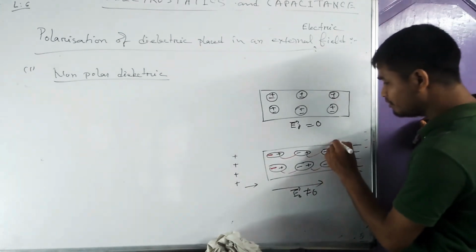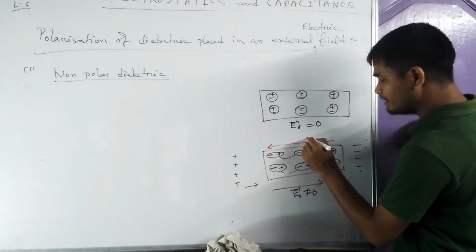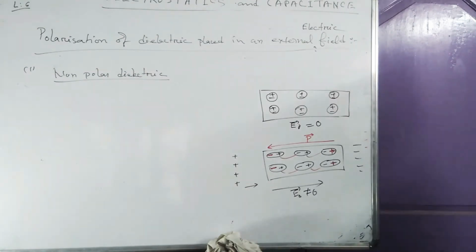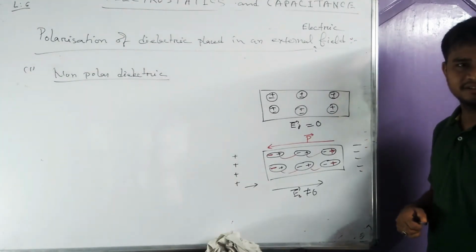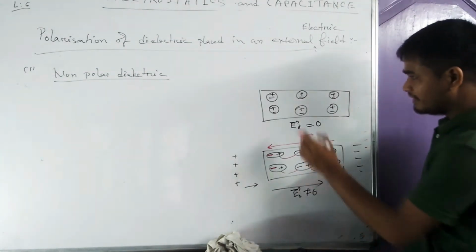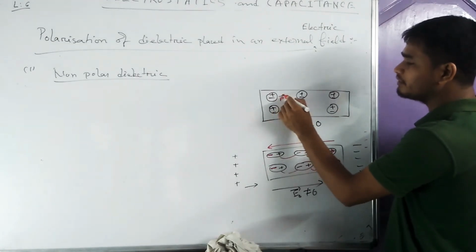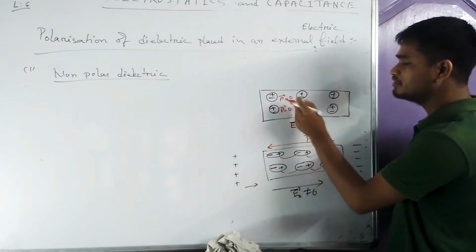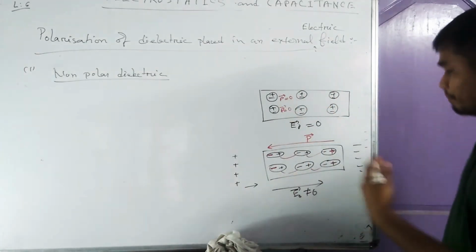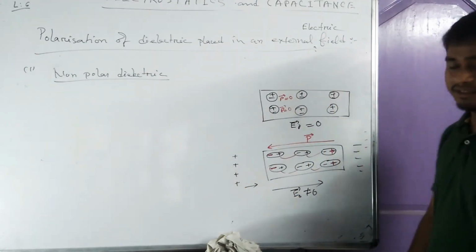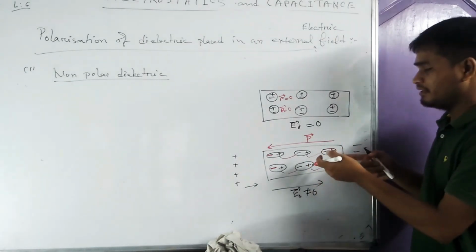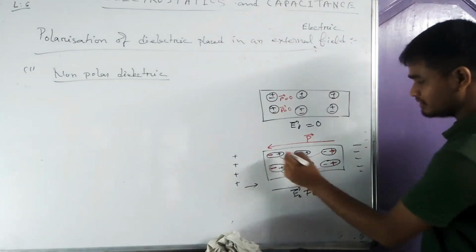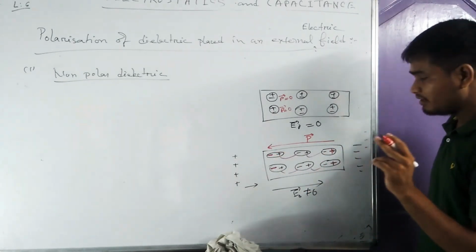Therefore, from plus to minus, a total dipole moment is created. Here the dipole moment P is 0 initially, since there is no distance, so it is 0 for every molecule. But when we apply an external field, a total dipole moment is created. This is the distance. Clear?